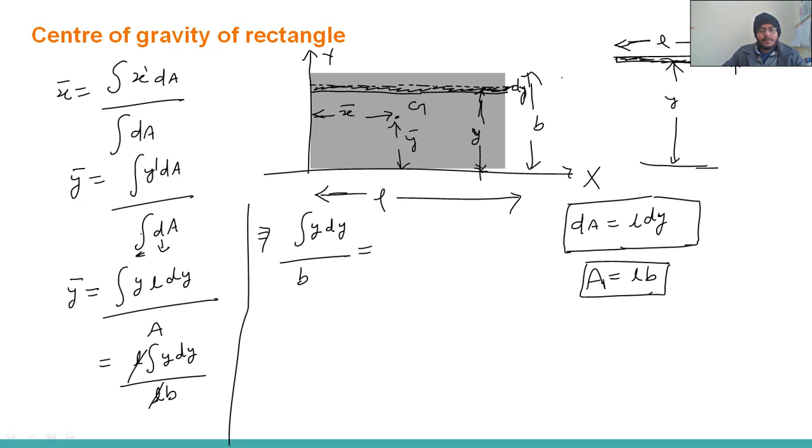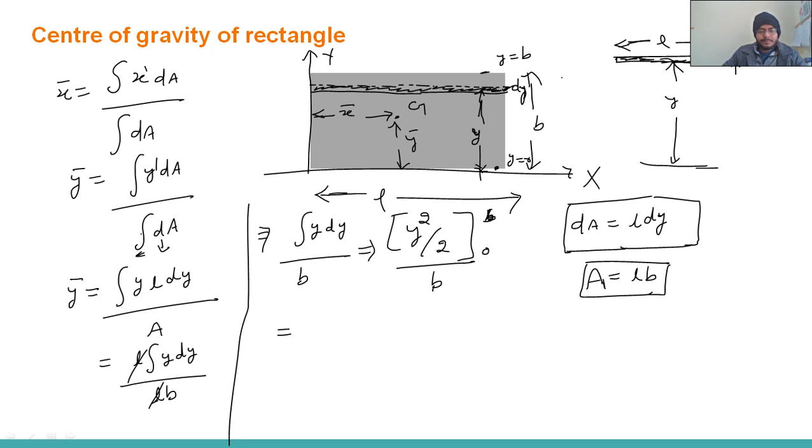What is the integration of y with respect to y? It is y square by 2, and we have to set the limit. When the segment is here, y will be 0. When the segment is here, y will be b. So y will vary from 0 to b. Upper limit will be b, lower limit will be 0.